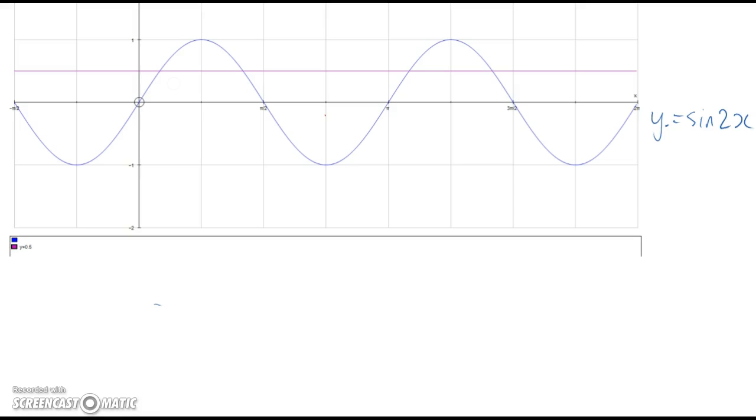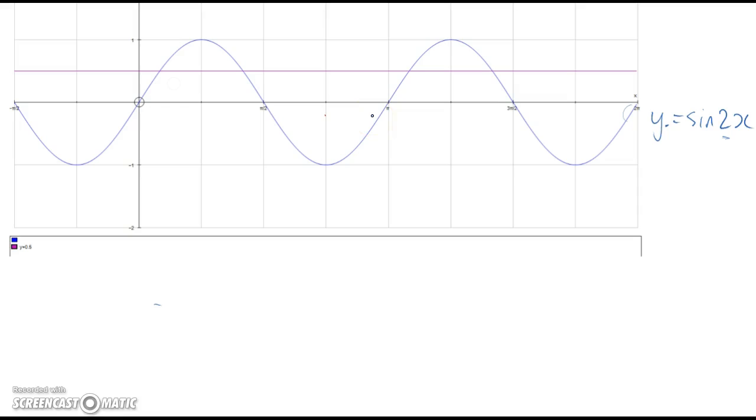As you can remember, this is the 1 in the front there, so my amplitude is up to 1 and down to -1. And the 2 just tells me that I've got two sine graphs within a space of 2 pi. So one period for this case would just be pi, because I finish one full cycle in pi.